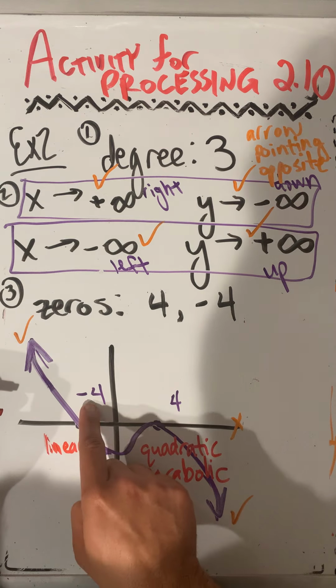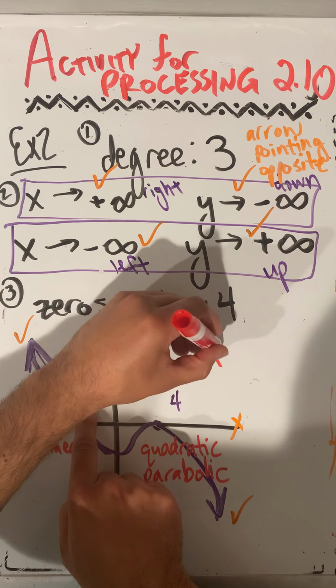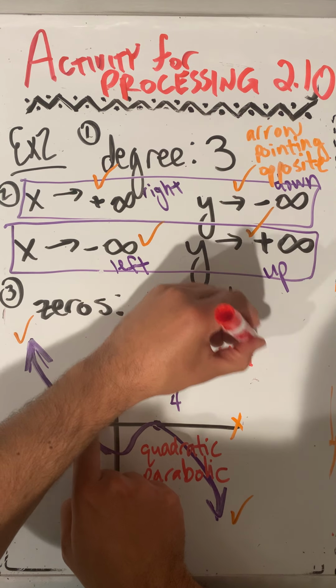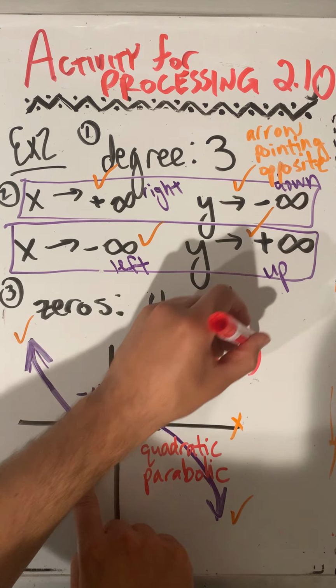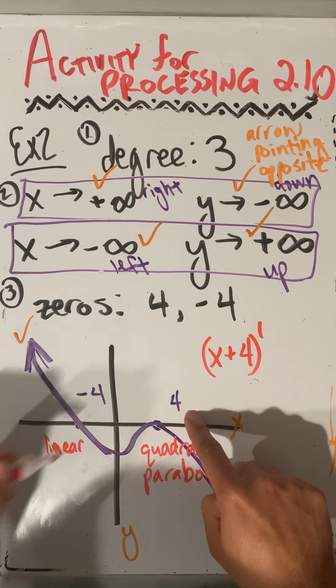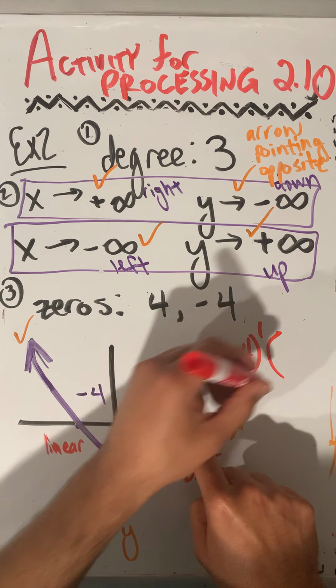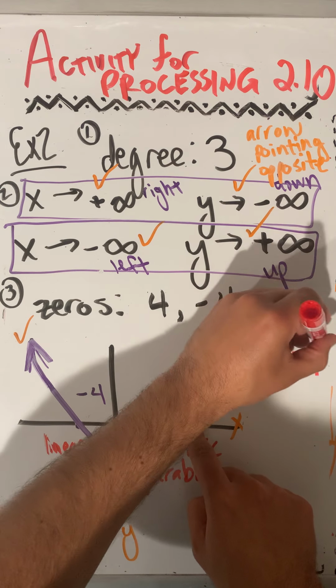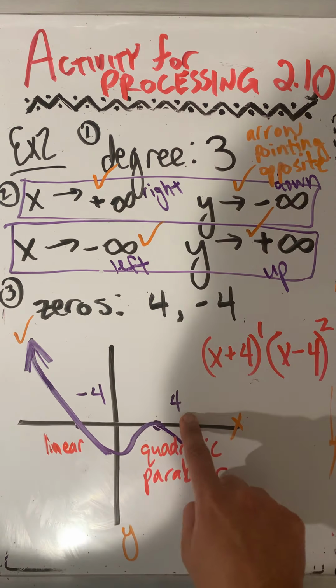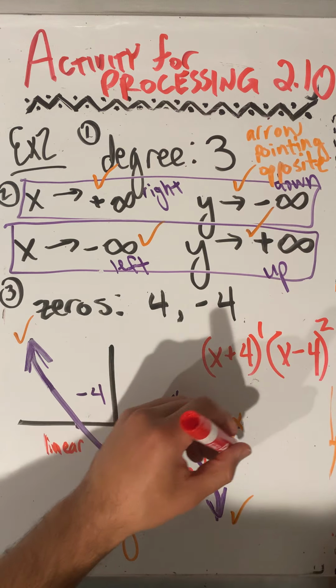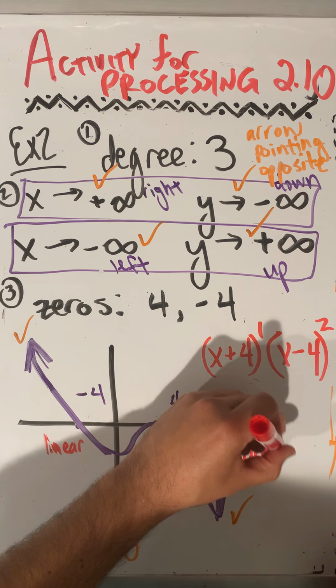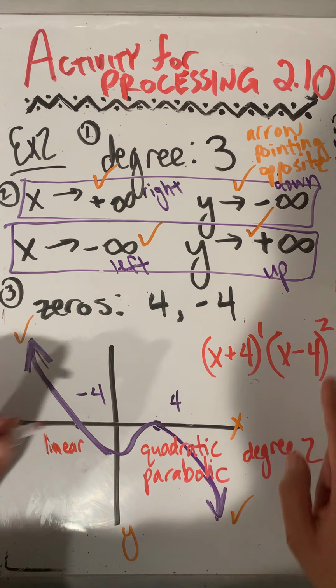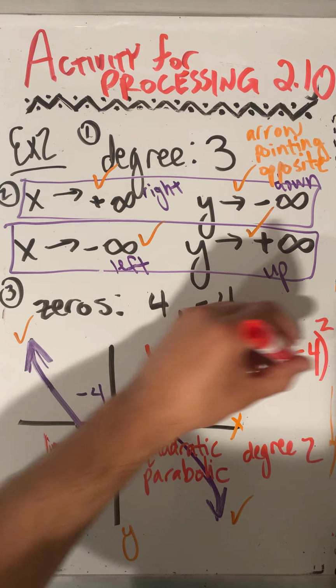So let's switch the sign. So you got x plus 4, linear to the first power. x, let's switch the sign of this +4, x minus 4 to the second power because it's quadratic. If you remember, quadratic means degree 2. We did that in the beginning part of the notes. And we can call this y.